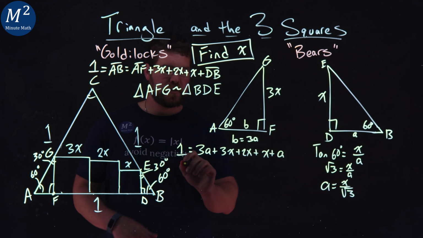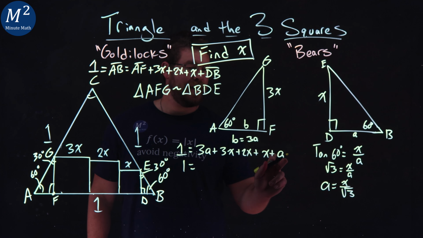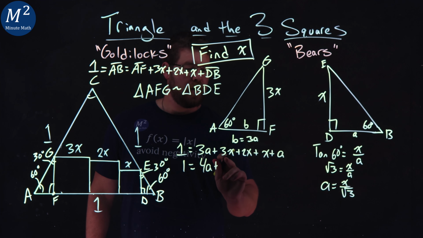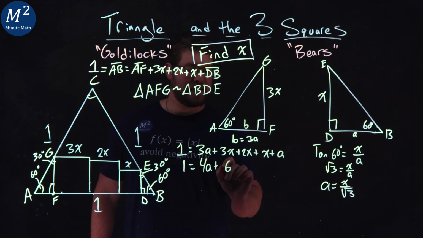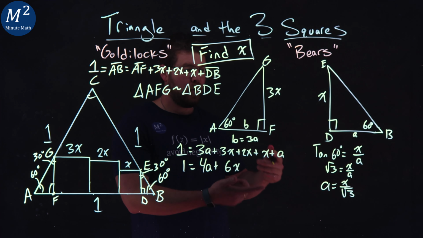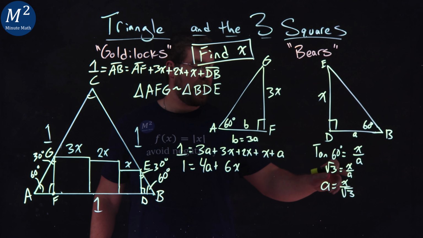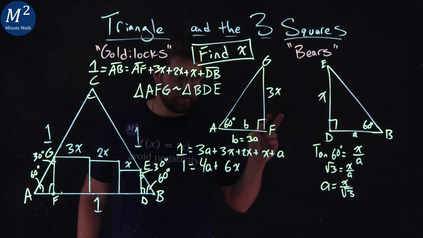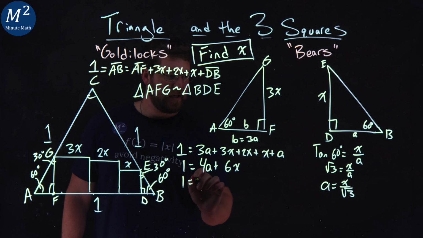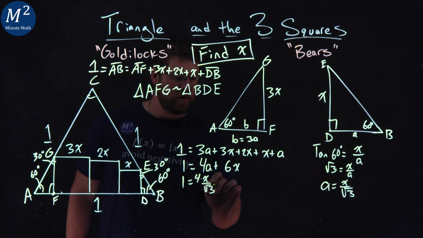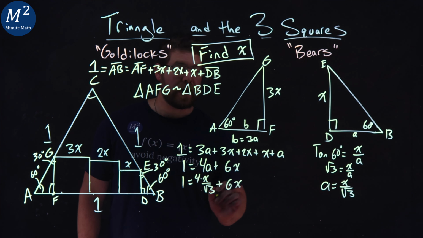Let's combine our like terms here. 3a plus 1a is 4a. 3x, 2x, 1x is 6x. Now let's take what we know of a, x over square root of 3. So 1 equals 4 times x over square root of 3 plus 6x.